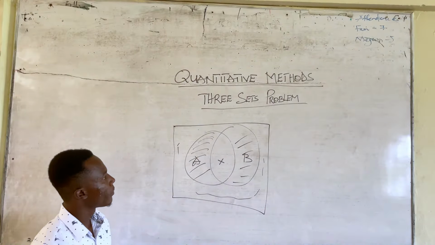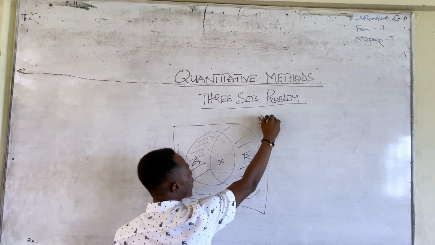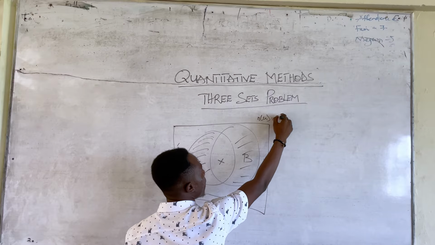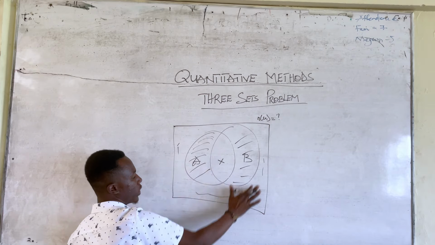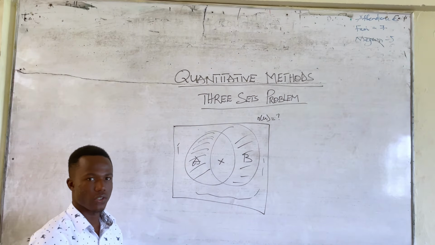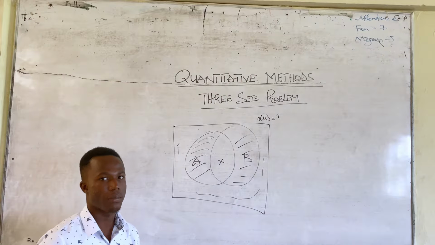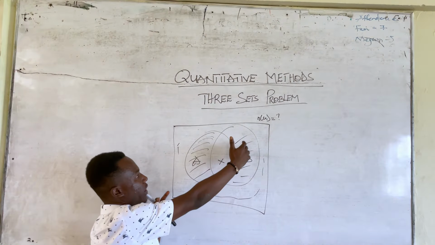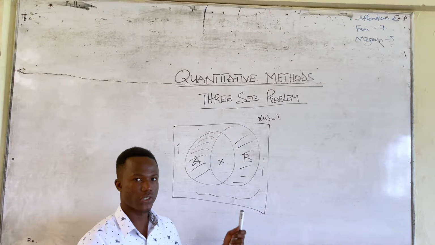And always we have this U, which represents the total number in the sets. Anything outside of the set is not part of the total number. The total number we are interested in is whatever is in the sets. That is what we mean about the two sets.